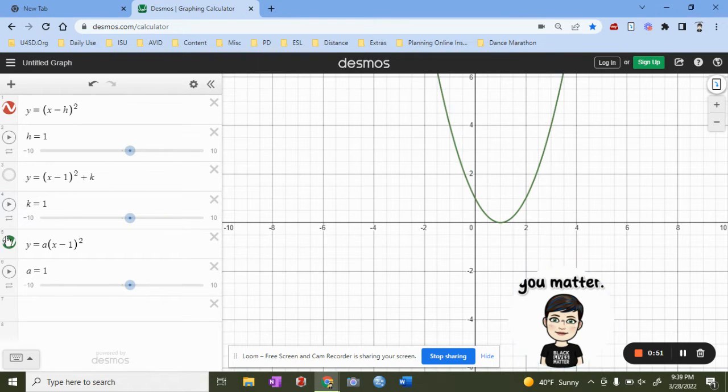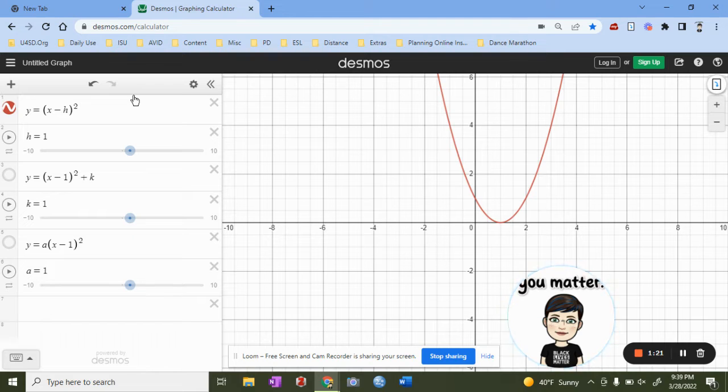In fact, I'm going to turn these others off, so we just have that red one up there. We will do the same thing with this plus k at the end to explore how changing that k value impacts our graph. And then if I multiply by a coefficient, a, if I change that a, how will that impact my graph? So let's take a look here.